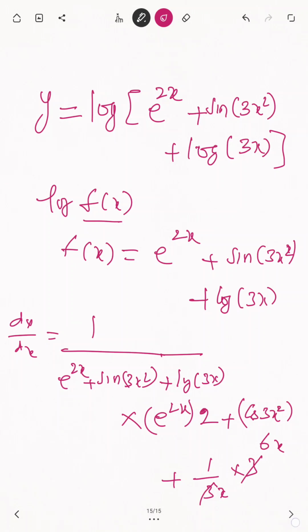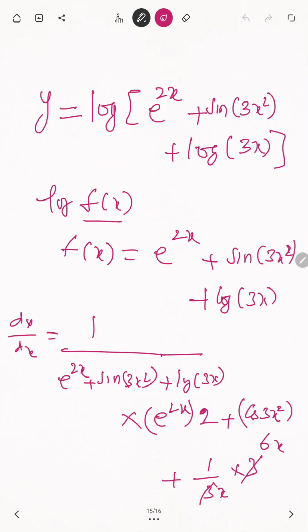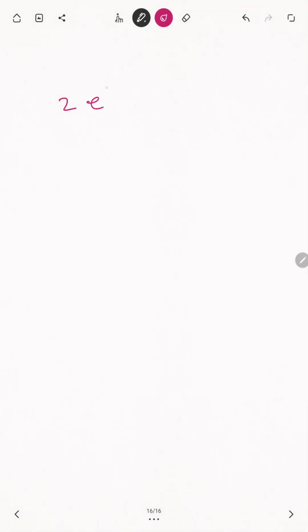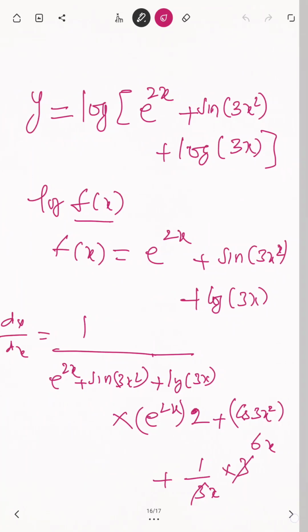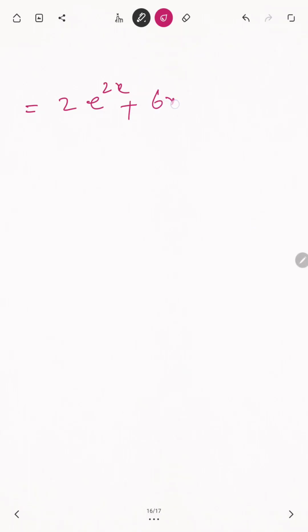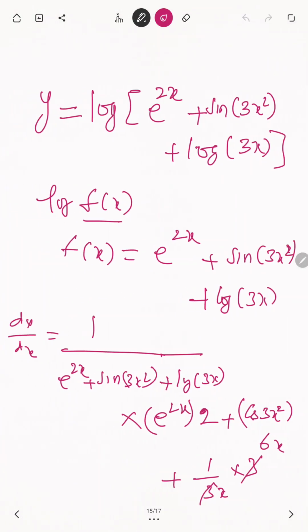Okay, 2 into e power 2x plus 6x cos 3x square plus... it is not 6x.